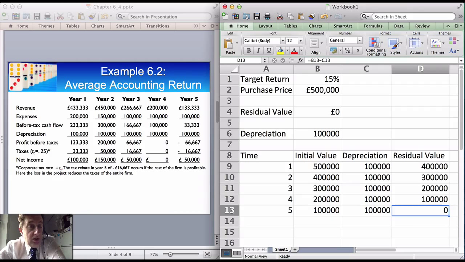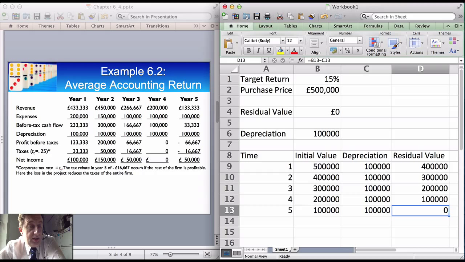And we have to calculate tax, and our tax rate here is a corporate tax rate, and it's 25%. So the taxation comes on the profit before taxes, and so 25% of this amount is 33. We do that for every year, and that gives us our net income.